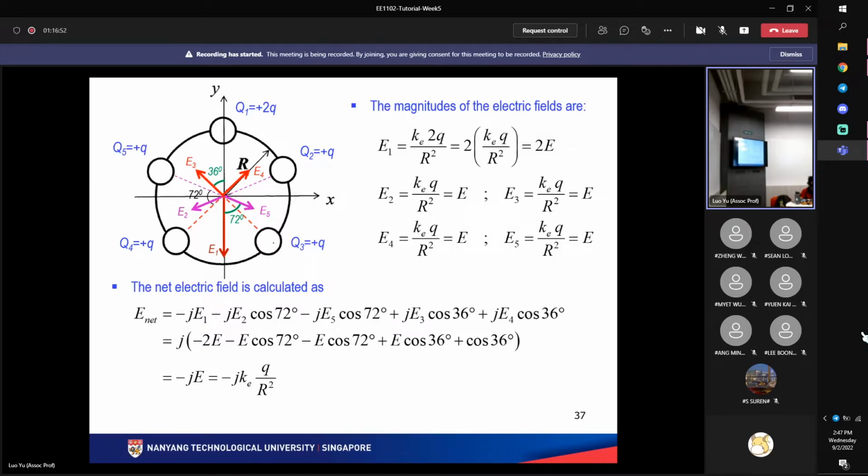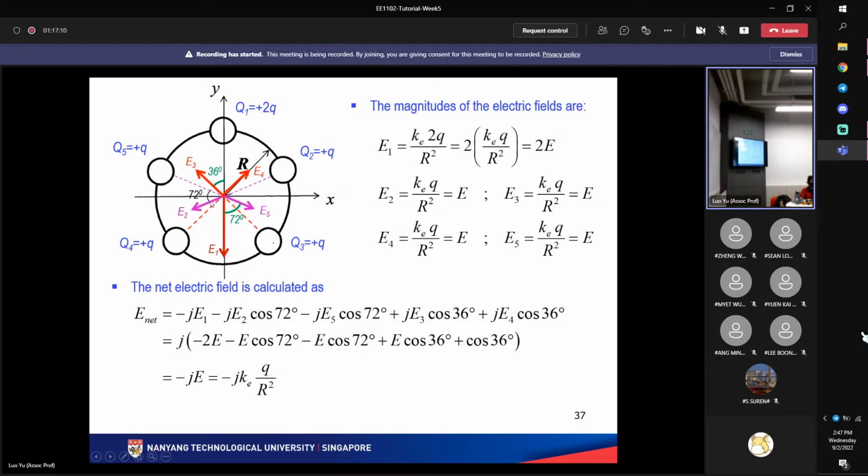Any question here? How do you find the angle? Oh yes, this is a very good question. So you can say these are 5 particles, identical, equally distributed on the circle.